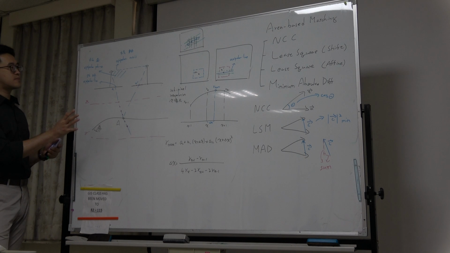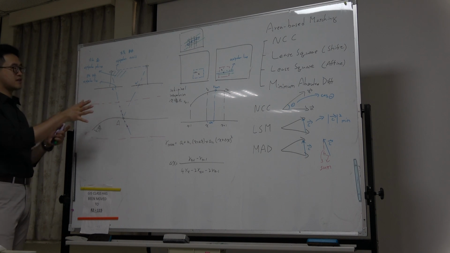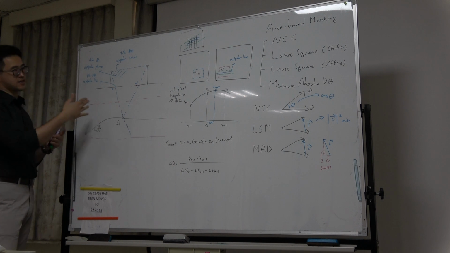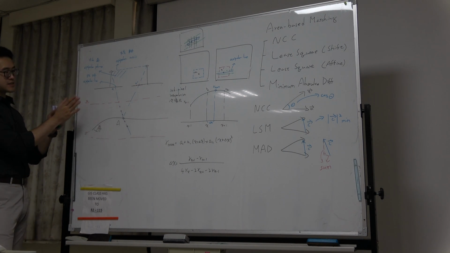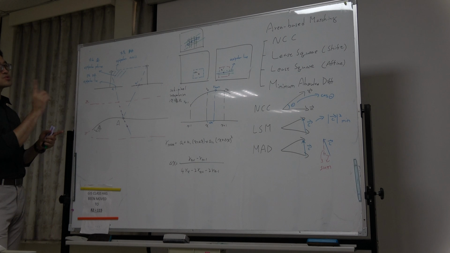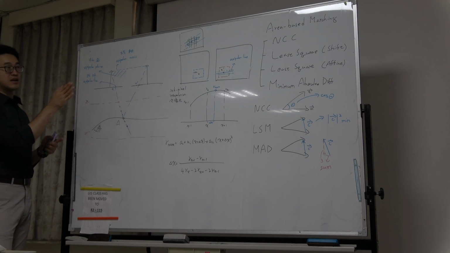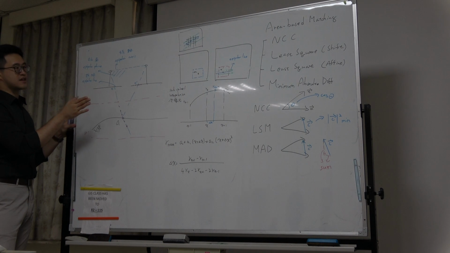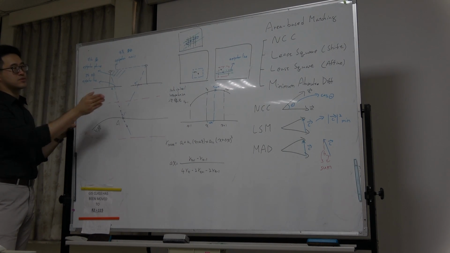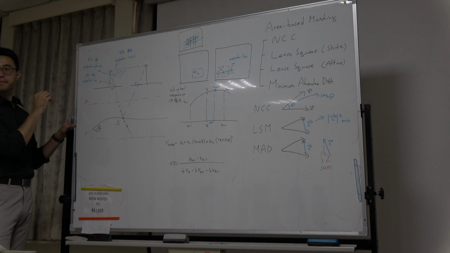It doesn't need to fit the same x-axis or y-axis. We can choose the x-axis and y-axis, and usually we will choose the x-axis to be parallel to the epipolar line.